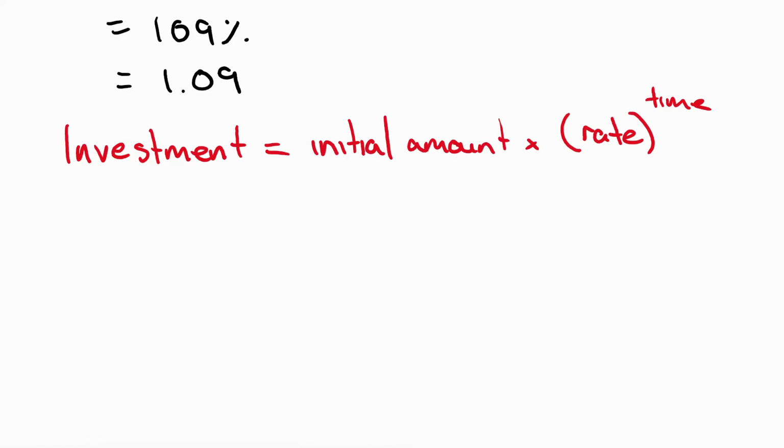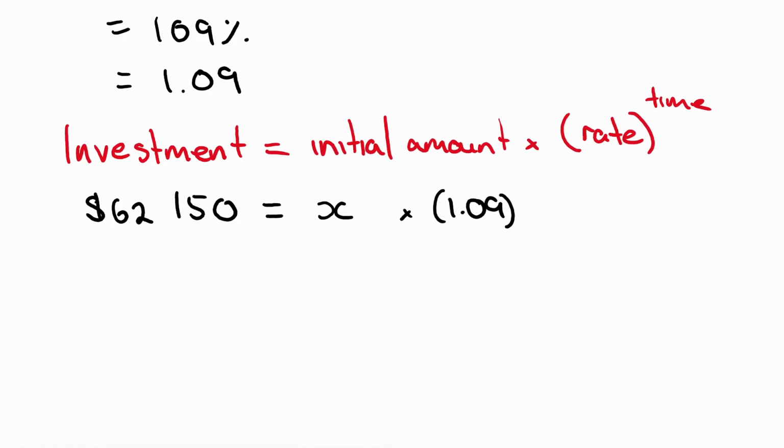We can use this now to find our initial amount. We know our final amount was 62,150. We're trying to find our initial amount, so I'm just going to put x for now. We multiply by the rate, which we said was 1.09, and we know it was invested for 6 years, so the time is 6.